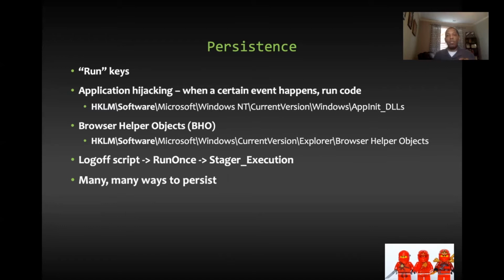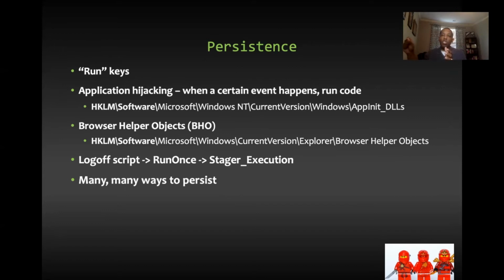All right, going back to the run key. So we have a persistent run key that never changes. We have a run once key, where anything that's listed there will run once and then be deleted from the run once key, i.e. runs once. So somebody could have a log off script, and as the user is logging off, it creates the item in the run once key.